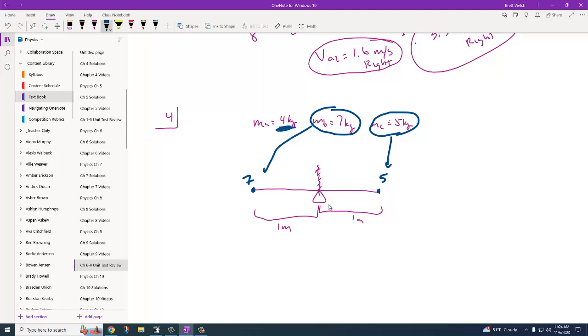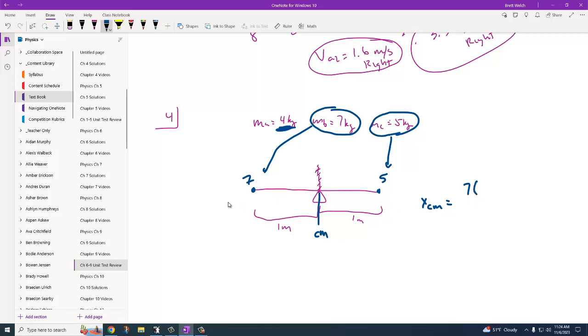In order for this to balance, I want the center of mass to be right in the middle, because that will cause there to be no torques or rotations. The center of mass calculation is that you take the mass of an object times its location. So for instance, the mass of object B is 7 kilograms times its location.